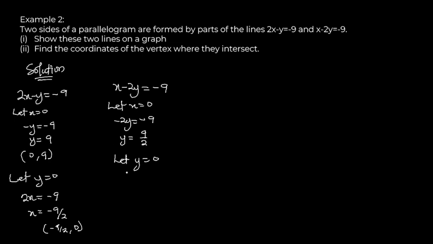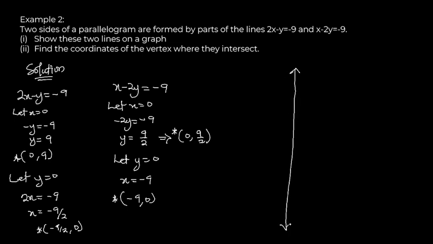If y is equal to 0, then we have x is equal to -9. So here our point will be -9, 0. And for the first case over here, we are going to have our x is 0, our y is 9 on 2.